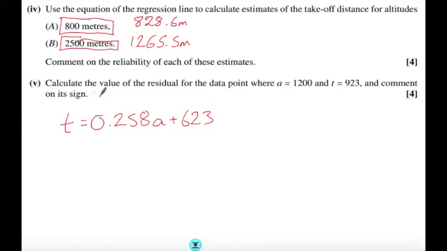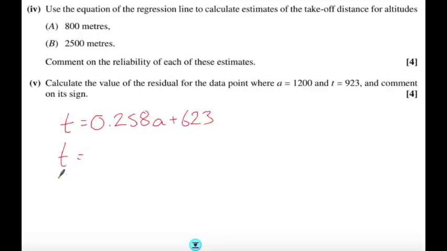Right, calculate the value of the residual for the data point where A equals 1,200 and T equals 923. So what we're going to do here is sub in 1,200 and see what we get. So 0.258 times by 1,200 plus 623 is 932.6 meters.